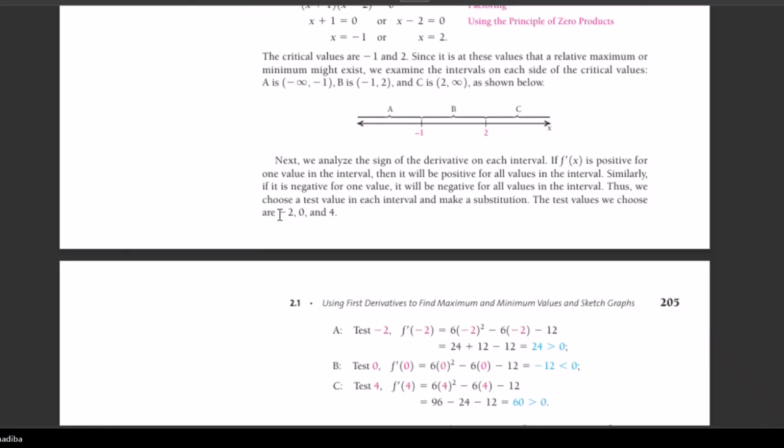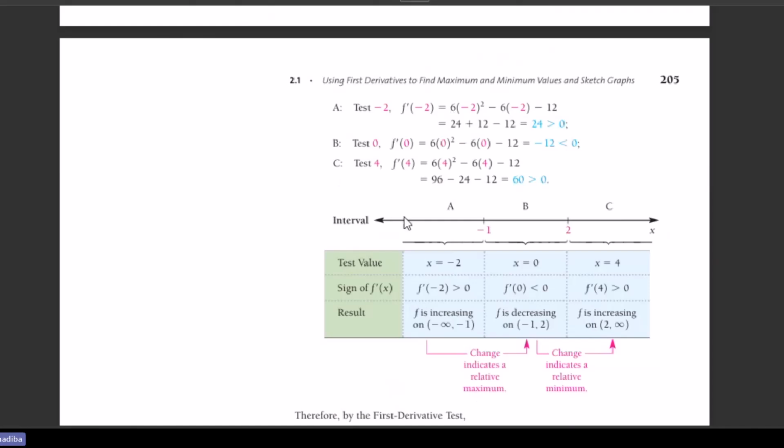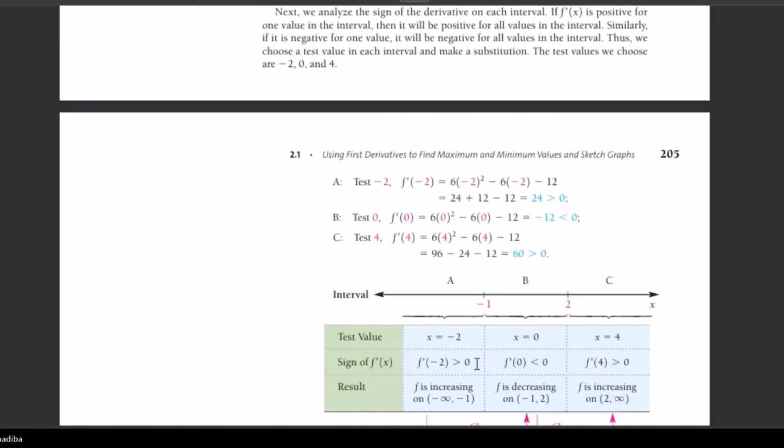Now, you and I are going to do this and this at the same time. Remember, your table of sign is interval, test value, in the third row in the first column.